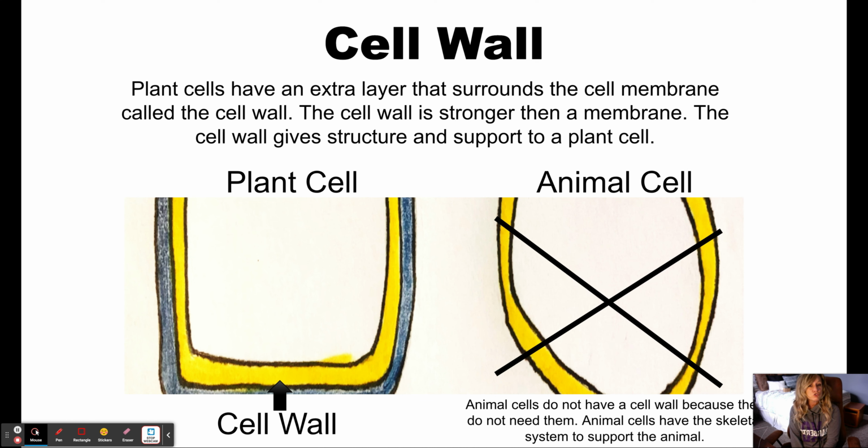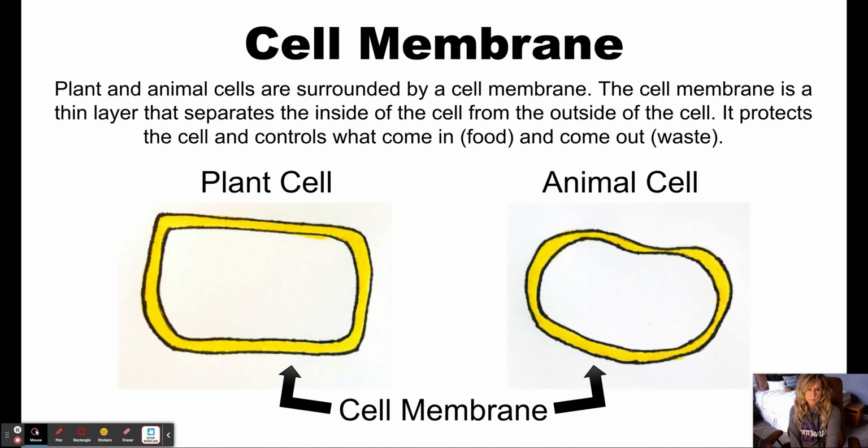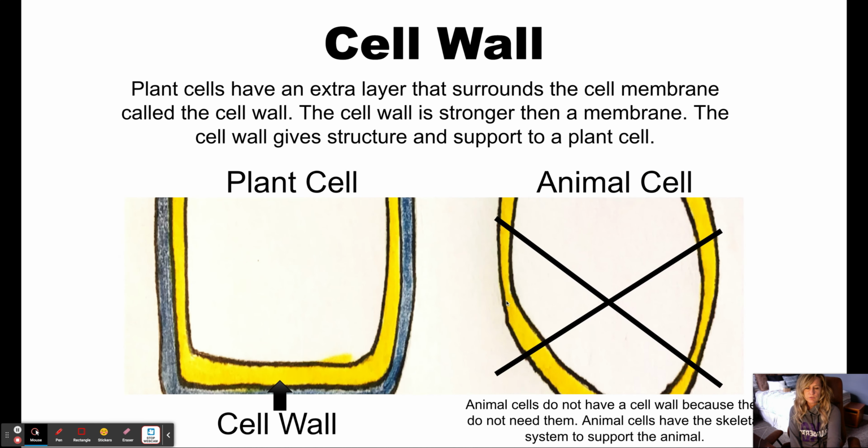The cell wall is stronger than a membrane. The cell wall gives structure and support to a plant cell. So animal cells do not have those. They have a cell membrane.